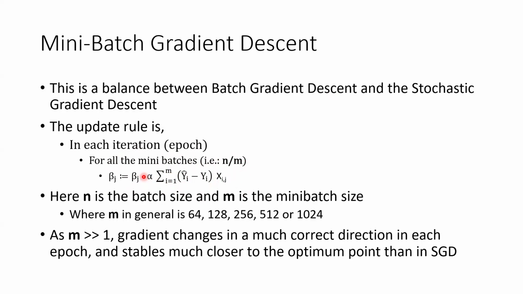So because of that, it would most probably be pointing to the direction of optimization of the whole batch, so that it would be better at having a smoother path to the optimum point than the stochastic gradient descent, or SGD, right? So stochastic gradient descent is also known as SGD.